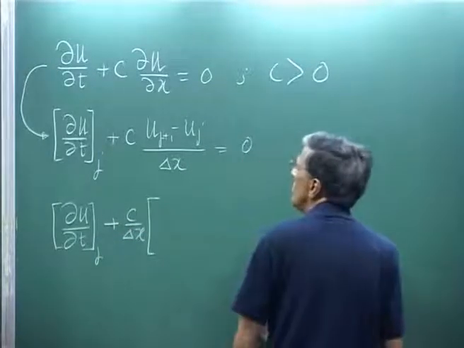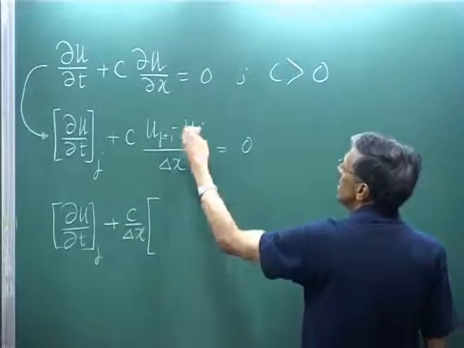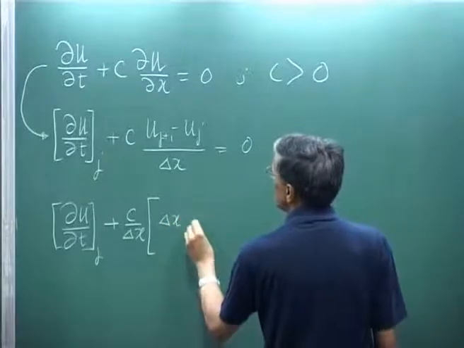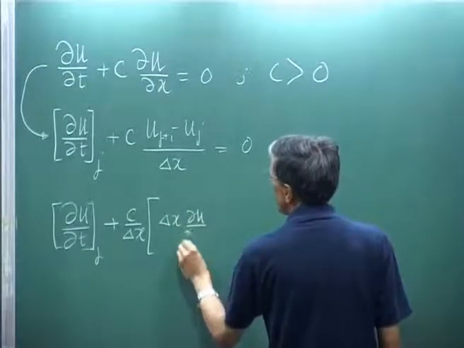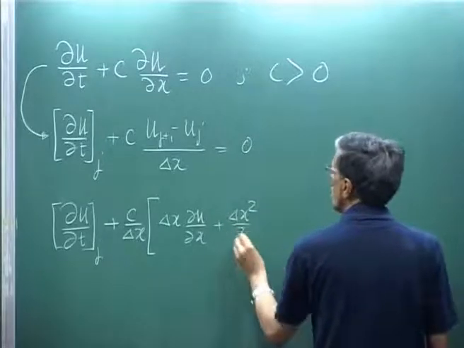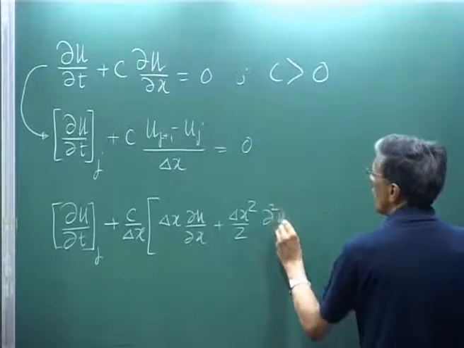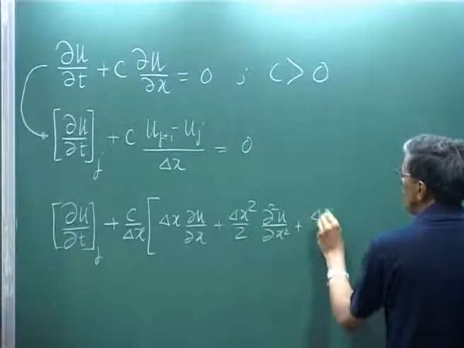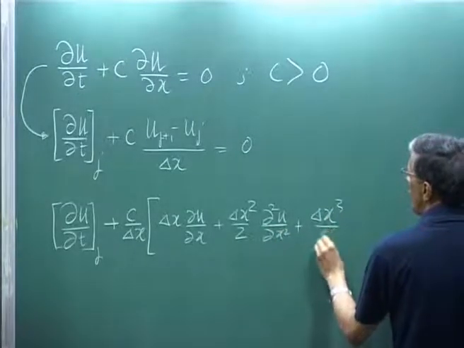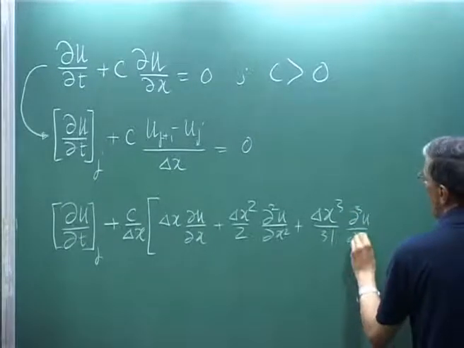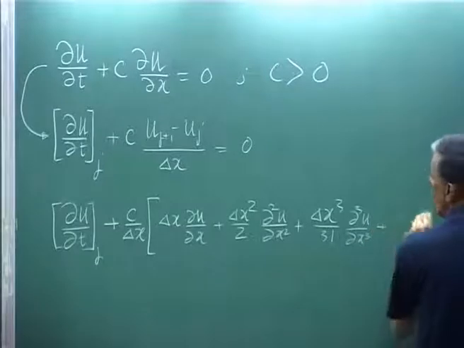If I do that, then u j will cancel, and then I will have delta x del u del x, and so on and so forth.